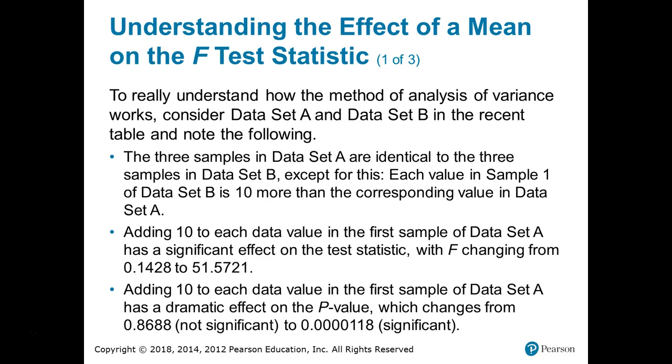So let's understand the effect of a mean on the F statistic. The 3 samples in data set A are identical to the 3 in data set B, except in sample 1, the first data set has 10 more in data set B than A. So adding 10 to each data value in the first sample of data set A has a significant effect on the test statistic, with F changing from only 0.1428 to a whopping 51.5721.